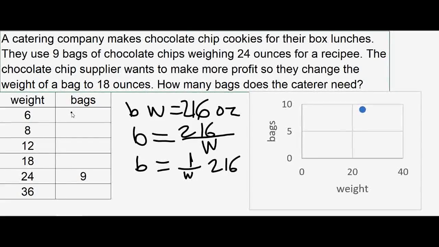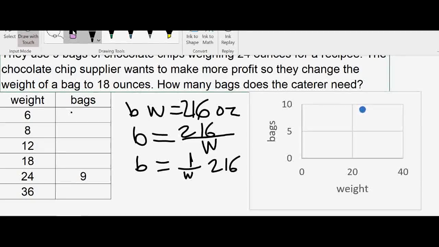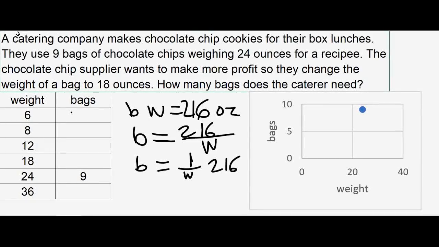And if I go to my Excel formula, I can actually put that in. I will say the bags equals 1 divided by the weight, which is A6, times 216.